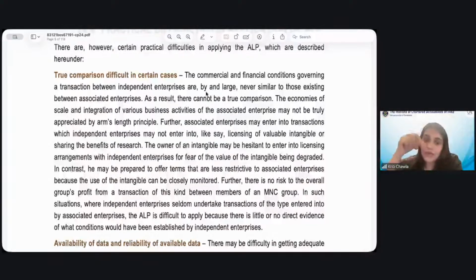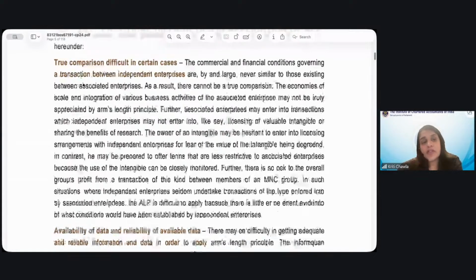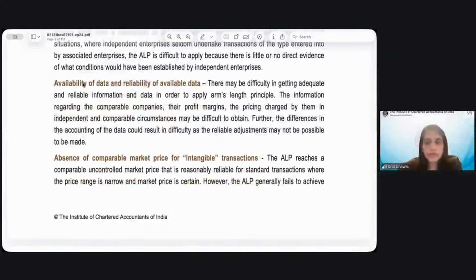How do you find out the CUP for a particular transaction? How do you really find out which is the uncontrolled price which is very comparable to your associated enterprise? That's a very difficult thing, and that is what it basically says here.